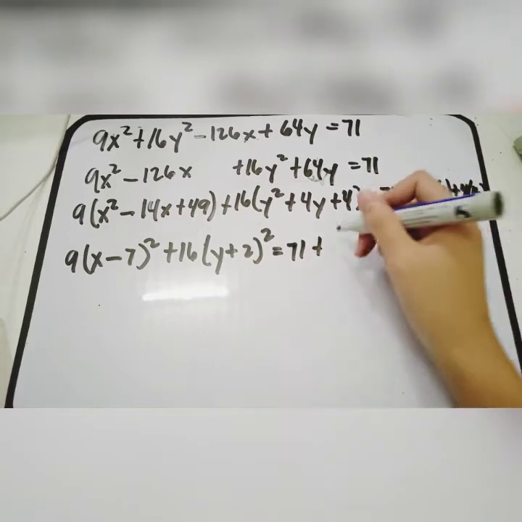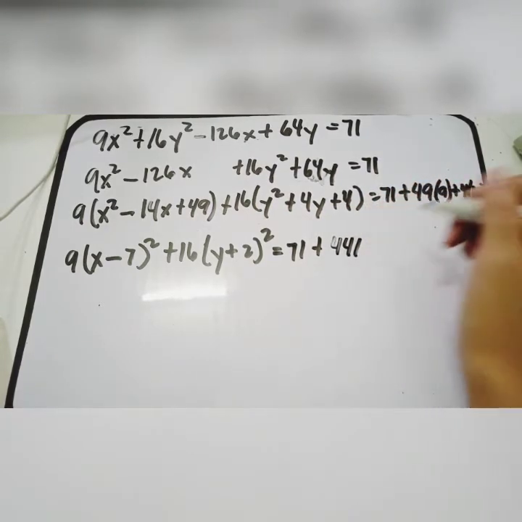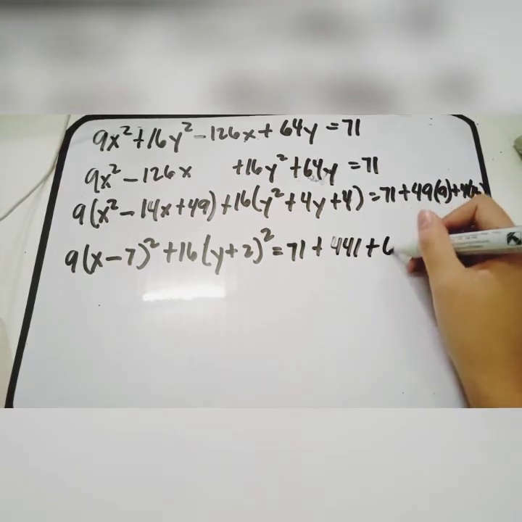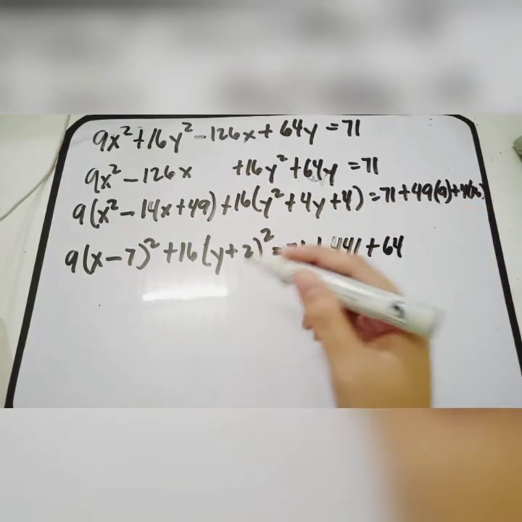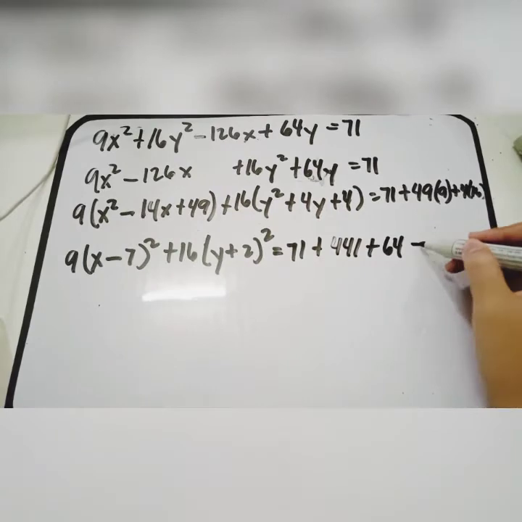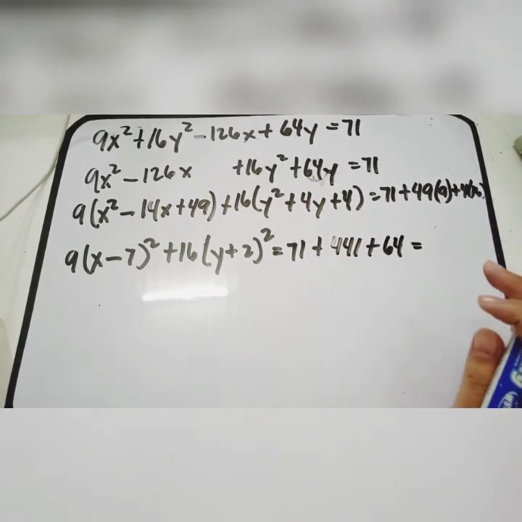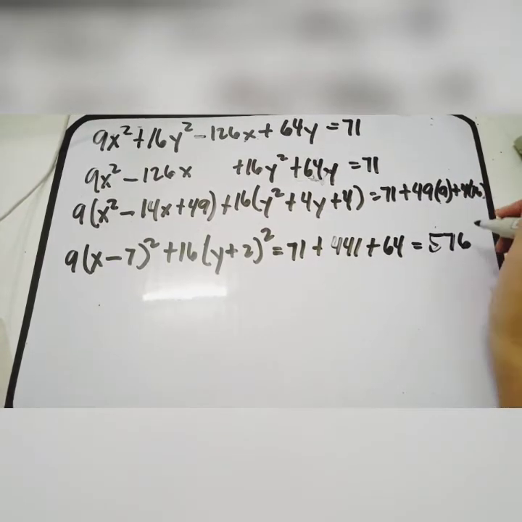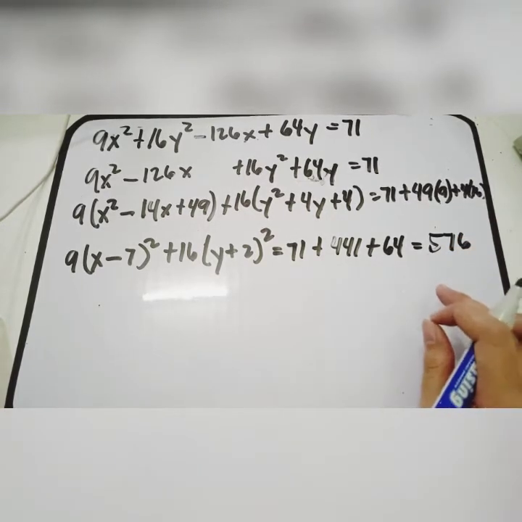It will be 441, and then plus 4 times 16, which is 64. Okay, let's simplify. This will be 71 plus 441 plus 64 is equal to 576.